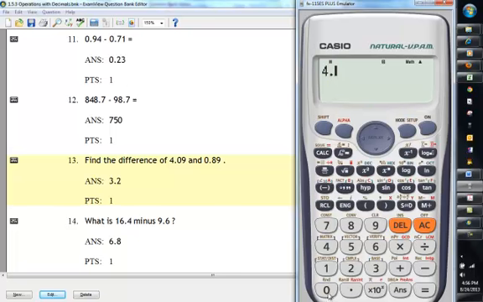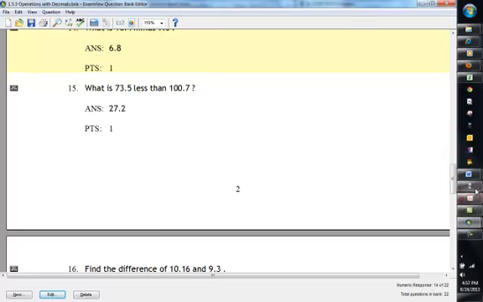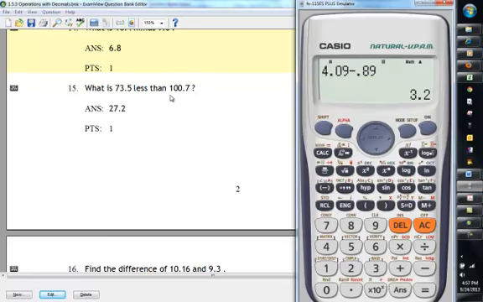Little subtraction, find the difference, okay? So 4.09 minus 0.89 is 3.2. Number 15. Less than, we've got the than there, so we're going to take 100.7, the last number first, subtract 73.5, gives us 27.2.